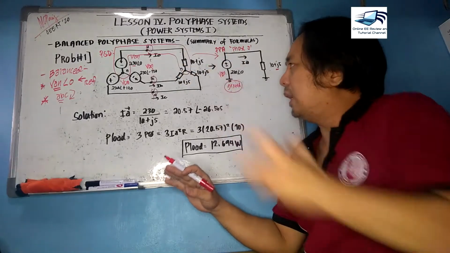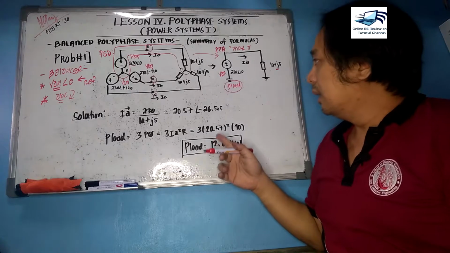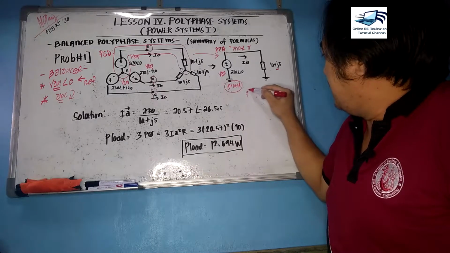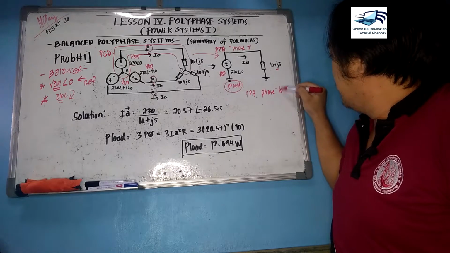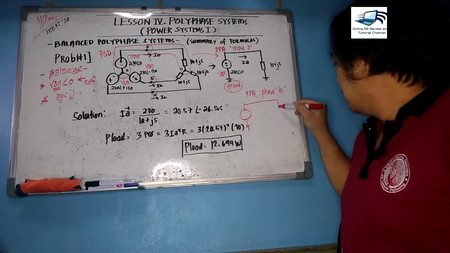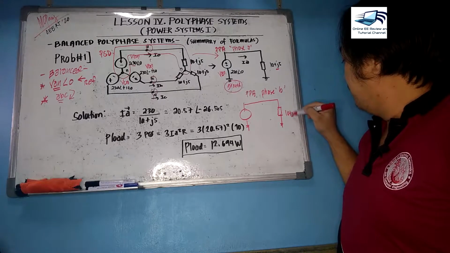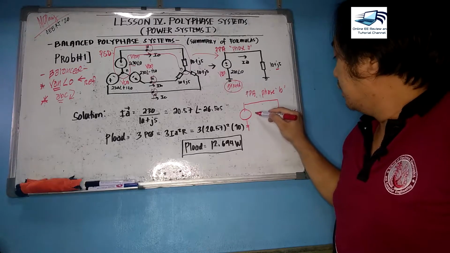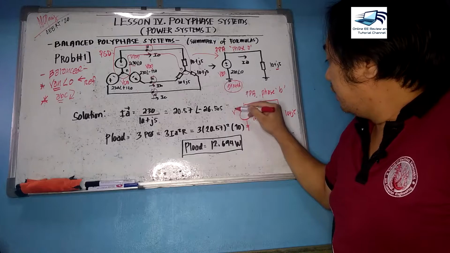You can also take, if you want, phase B of the system. If you take the per phase analysis at phase B, it will become like this: 10 plus j5, and then you have 230 angle negative 120 for VBN.